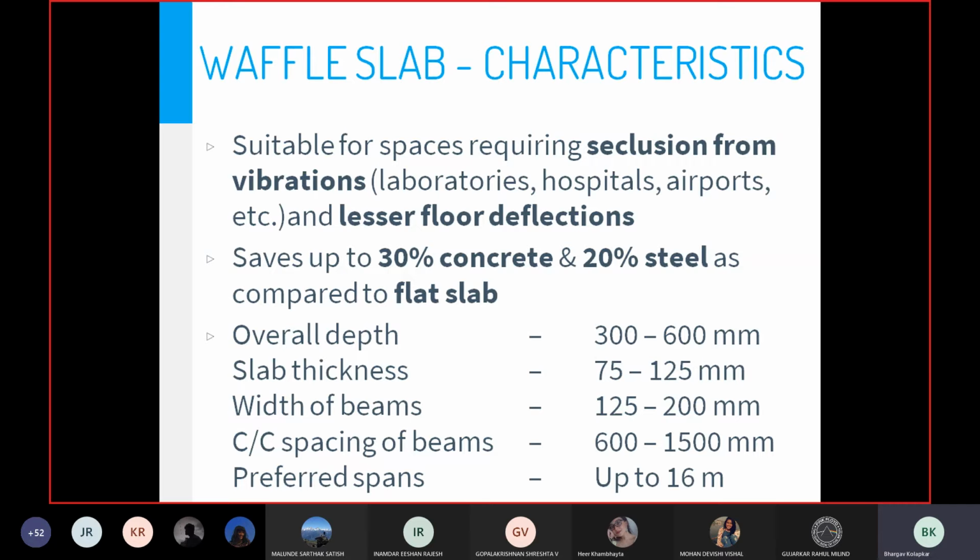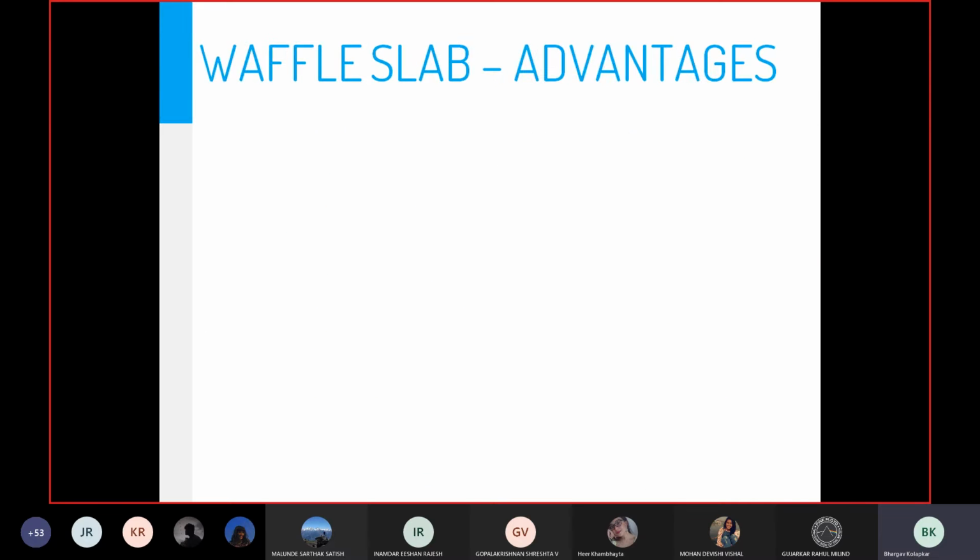So anything between 10 to 16 meters, you can opt for this type of slab, and you can select your dimensions somewhere in this range, so that at least visually it looks correct. Of course, there's going to have to be a technical analysis and design as to what should be the exact dimensions. You're not expected to learn all this, but you should get a feel, and you should be able to provide elements that actually look at least structurally correct.